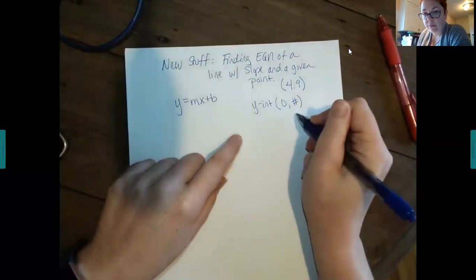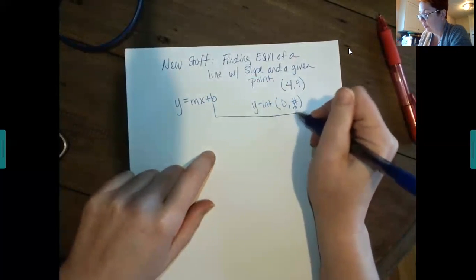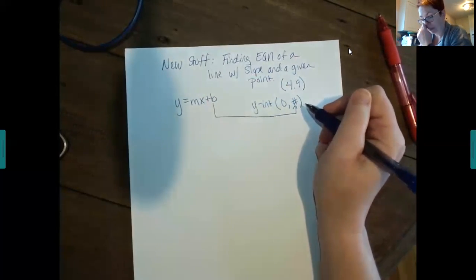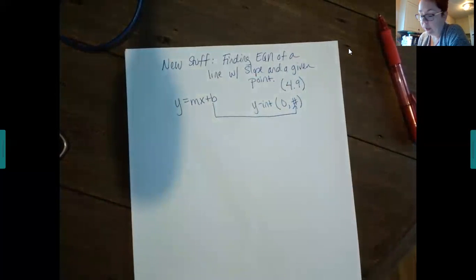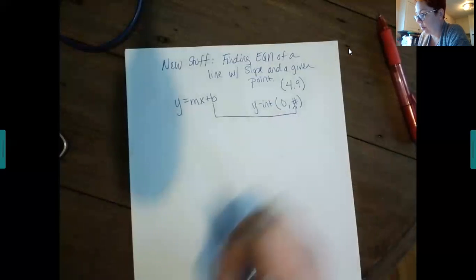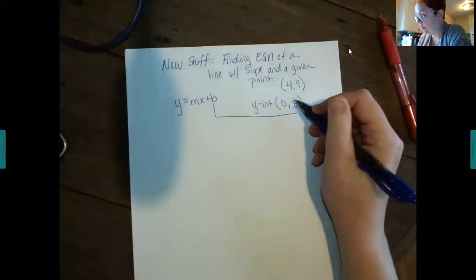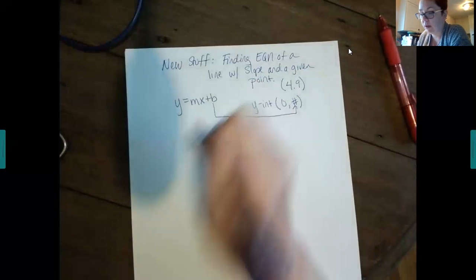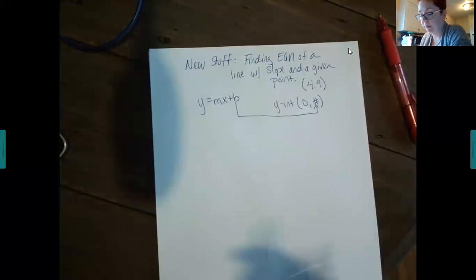So that is okay. We can replace this number where b goes. However, if you don't have a point that is 0 for x, something else, then you can't just slap whatever is in y for b and call it a day. You have to do some mathing around.